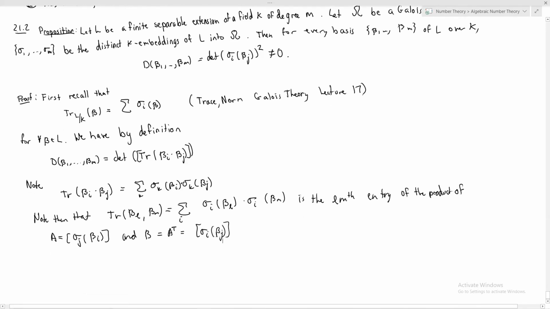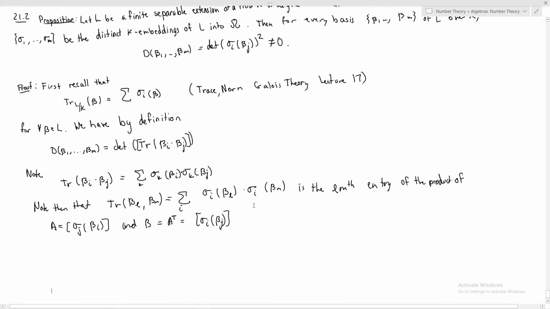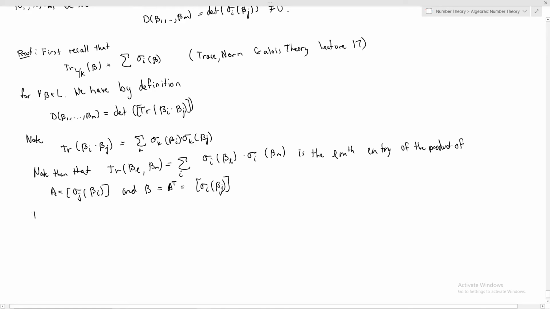If you just perform the matrix multiplication, then you'll find that this is the case, and the discriminant of these guys is the determinant of A times A transpose, which is the determinant of A squared, which is exactly the thing that we wanted it to be.